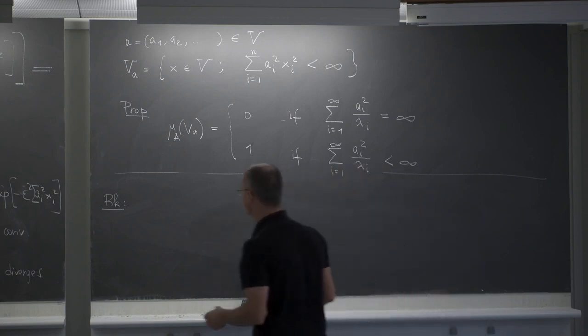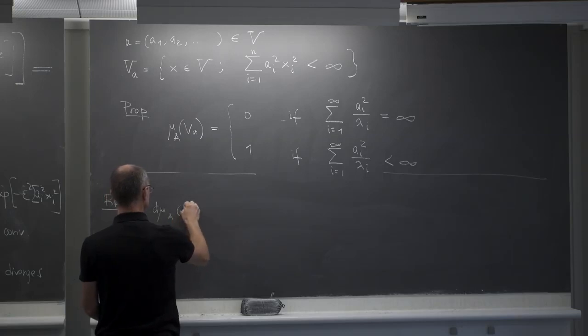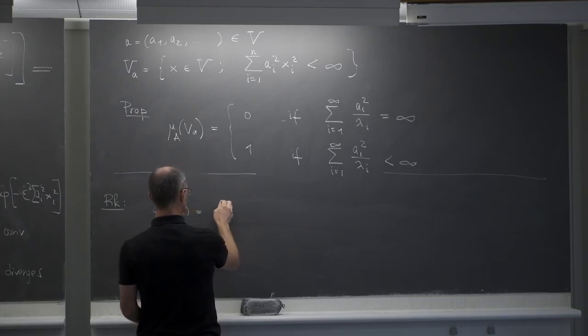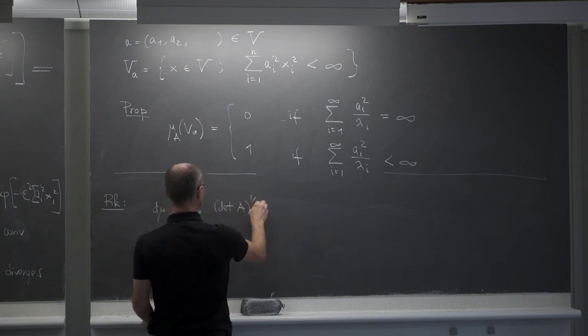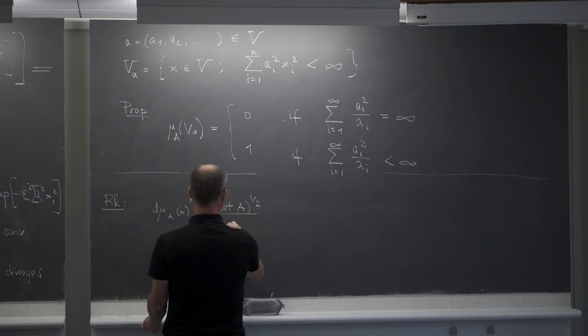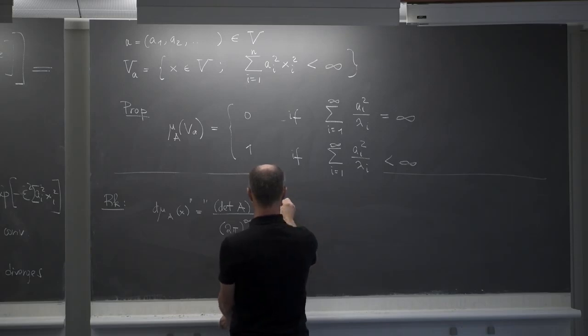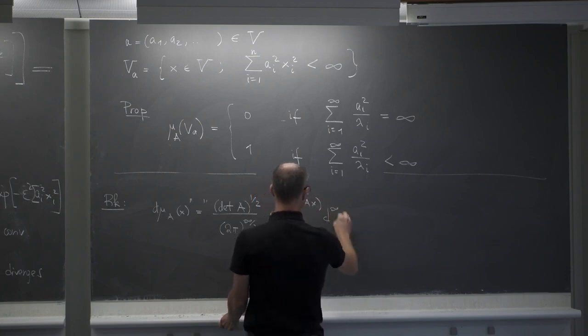So morally speaking, d mu A of x is something like this. How was it? We were saying, right? So this expression is not well defined.